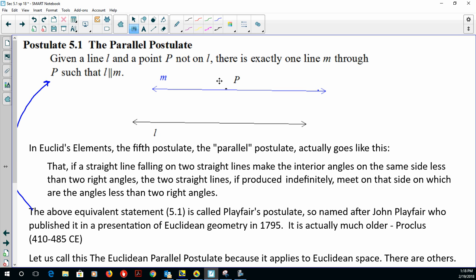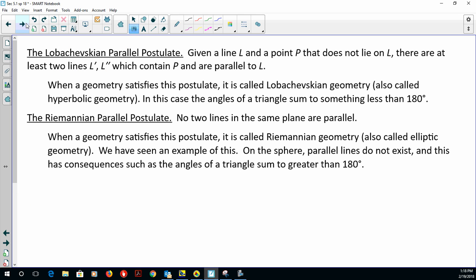Nikolai Lobachevsky was responsible for the Lobachevskian parallel postulate, and it basically says that given a line, I'll put it down here, we have a line and a point not on the line, then there are at least two lines through this point parallel to the original.